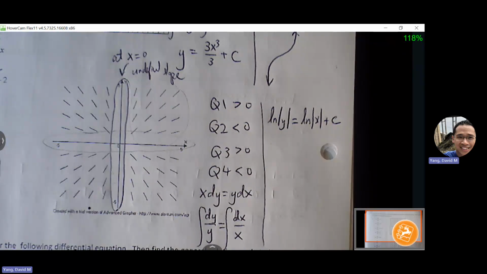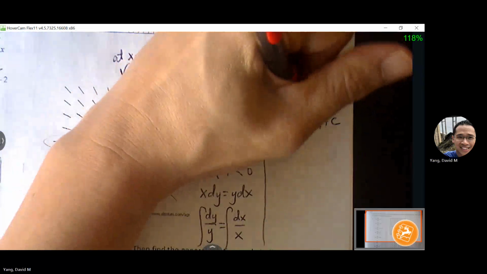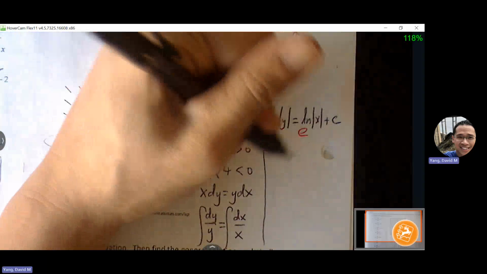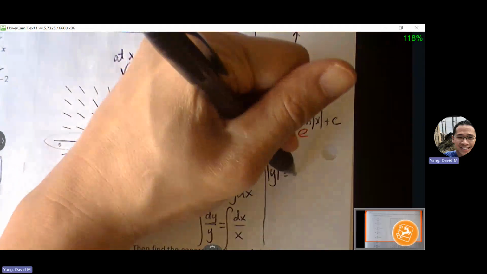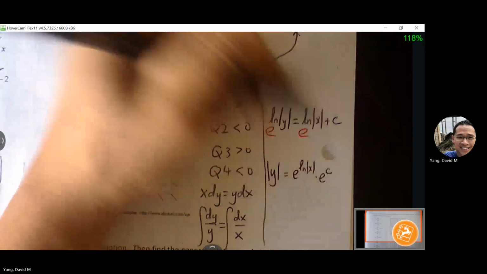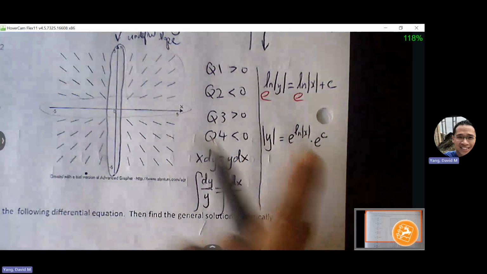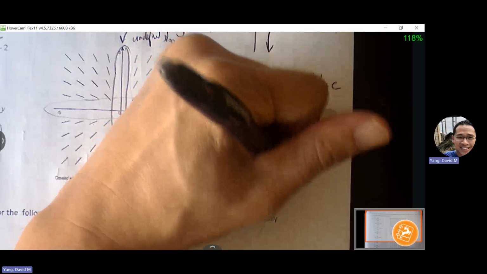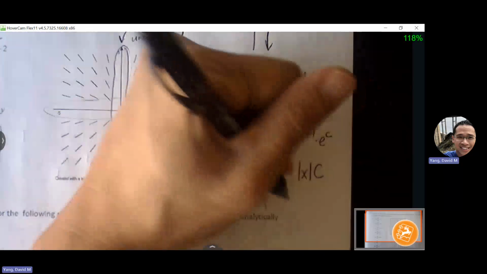We can get this out of natural log by raising both sides with e as the base. e to the natural log of y becomes just y. e to the natural log of x becomes absolute value of x, and this becomes c. So absolute value of y equals absolute value of x times c. The absolute value can drop out because the c will absorb both.